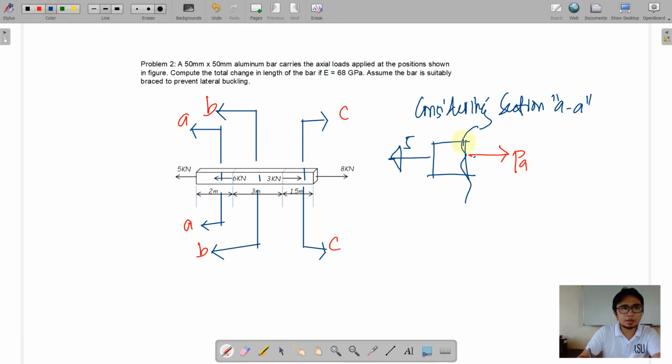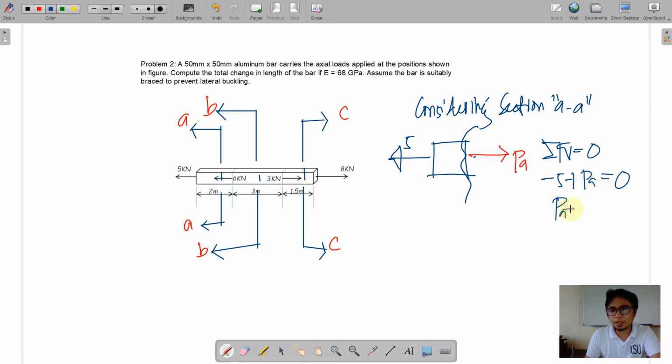and apply summation of forces horizontal is equal to 0. We have PA is equal to 5, or shall write it properly, negative leftwards plus PA is equal to 0.